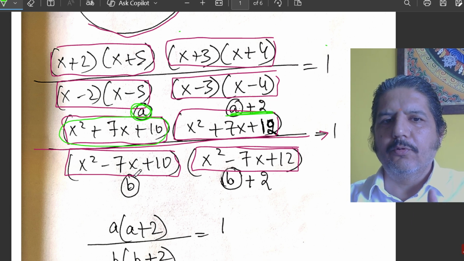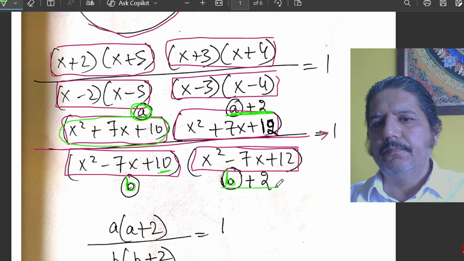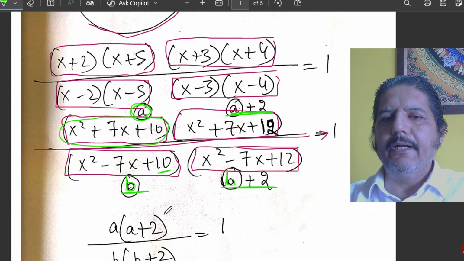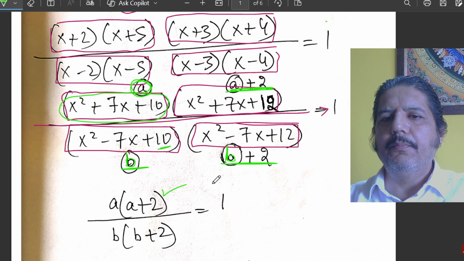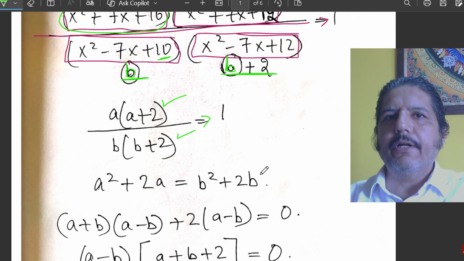I hope you are getting the point. x square minus 7x plus 10 is equal to b, and then x square minus 7x plus 12 would be b plus 2. I hope this is making sense. So this would be a into a plus 2, and this will be b into b plus 2, and this will be equal to 1. Now I'll solve this for a and b.